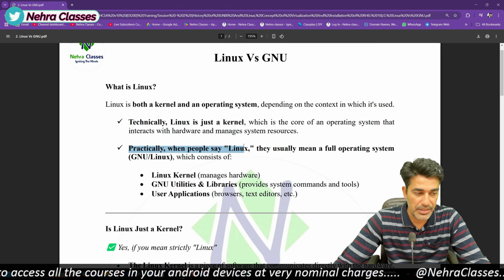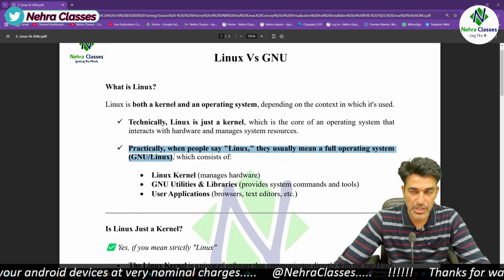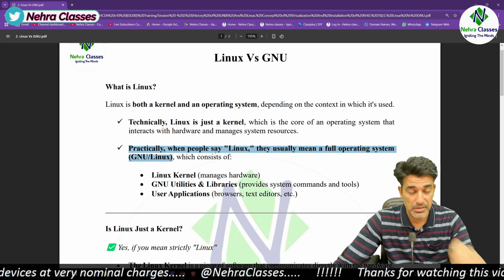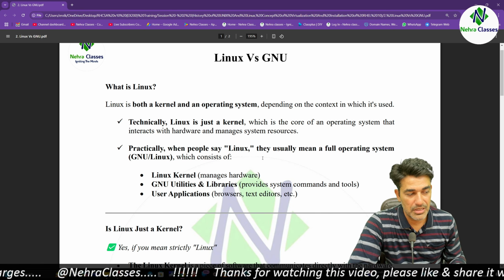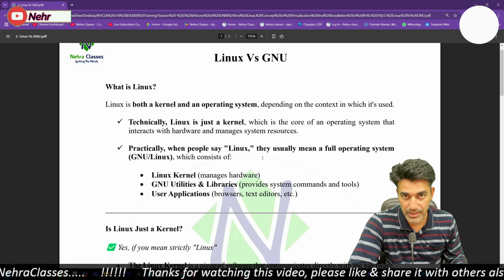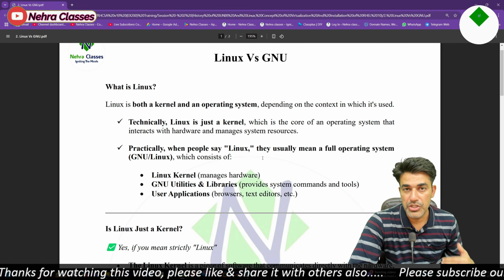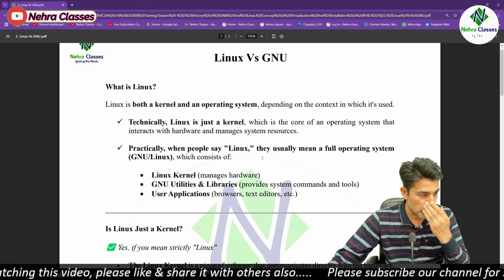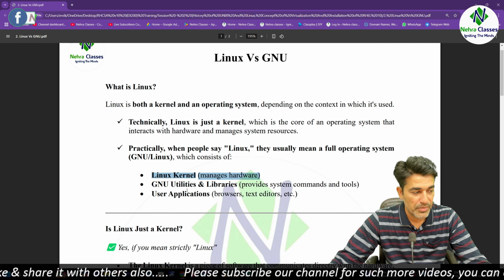Practically, when people say Linux, they usually mean a full operating system like GNU or Linux OS. So if you are referring to the operating system, you should never say just Linux. Linux means the kernel. Either you should say Linux OS or you should say GNU. So Linux is the kernel which manages the hardware.